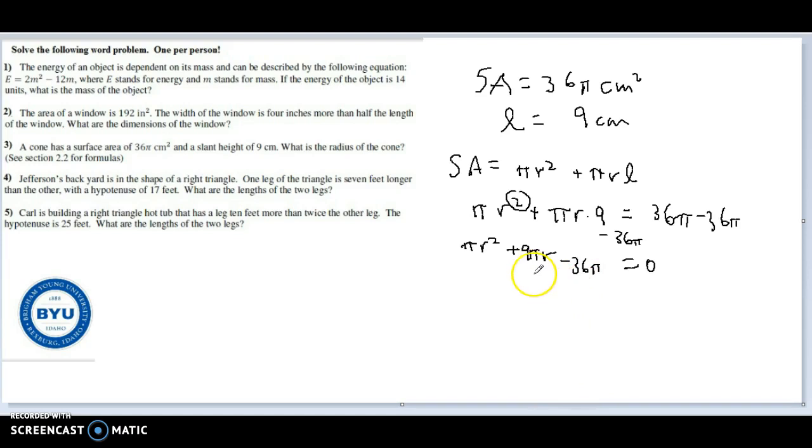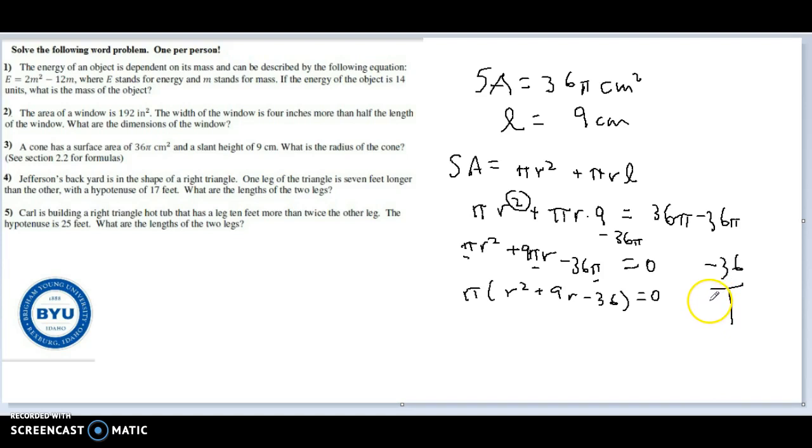Alright, now before I try to factor using a more complicated method, let's look for a common factor. And there is one. Each of these terms has pi. So we're going to factor out pi. And now we can factor the rest just looking for two things that multiply together to be negative 36 and add together to be positive 9.